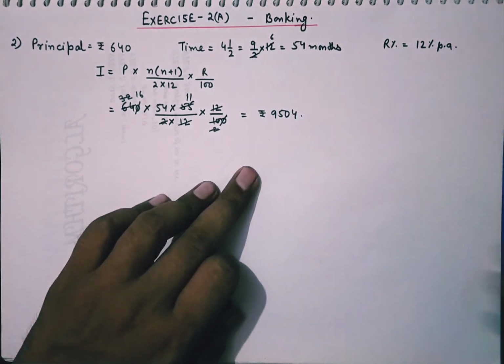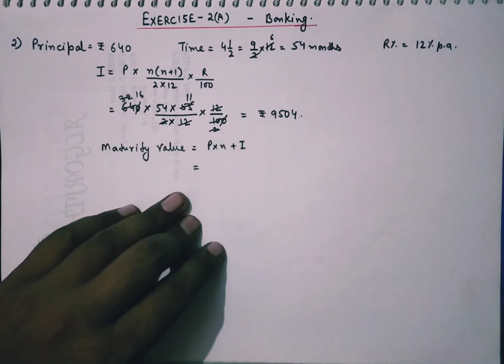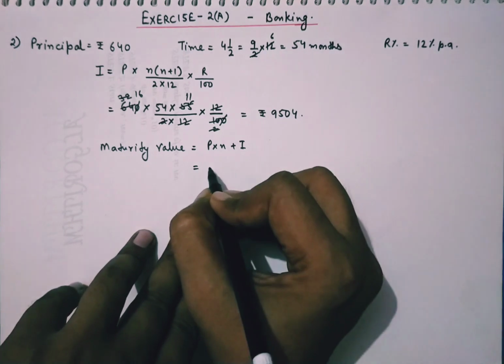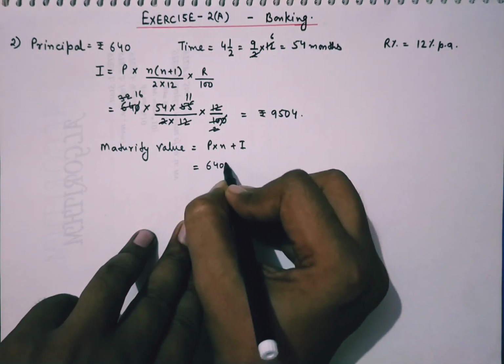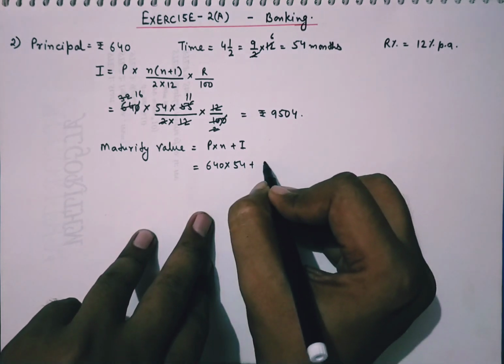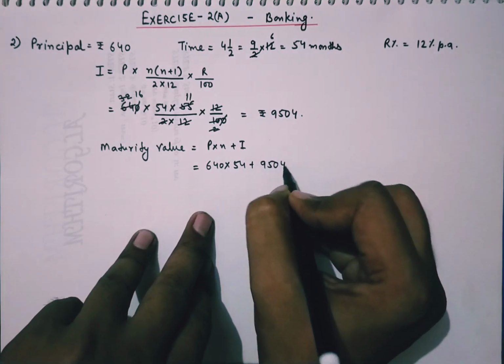And now we'll go for the maturity value of it. The formula for the maturity value is P into N plus I. Here the principal we were having 640 into 54 plus I, which is 9504.